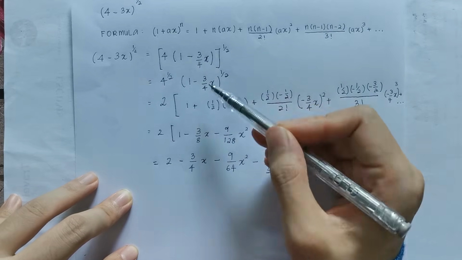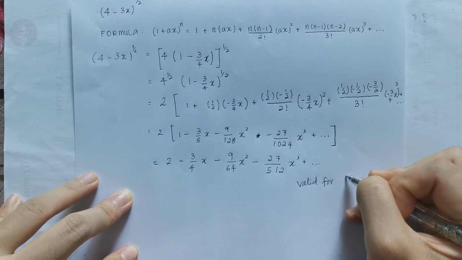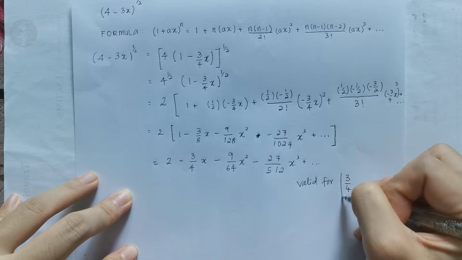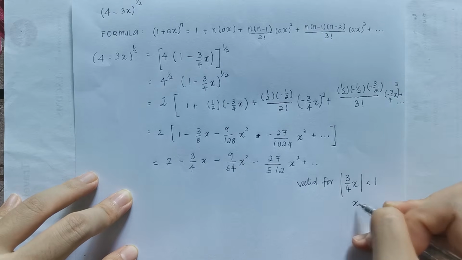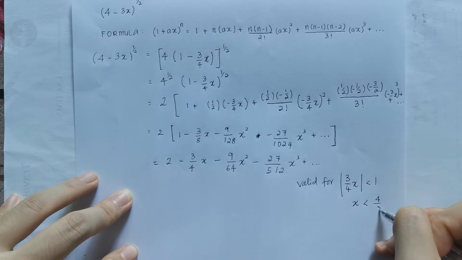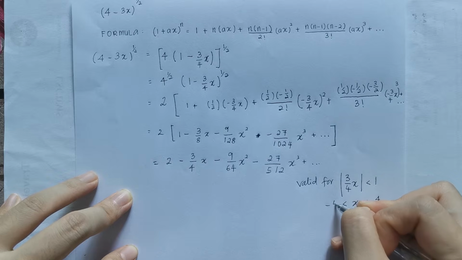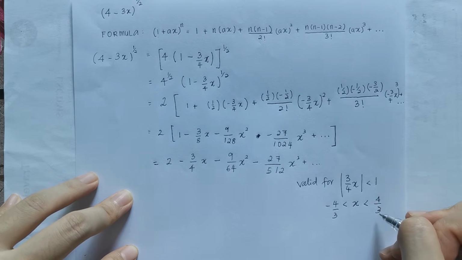This expansion is valid for the modulus of 3/4 x less than 1, or we can say x must be between -4/3 and 4/3. That's it.